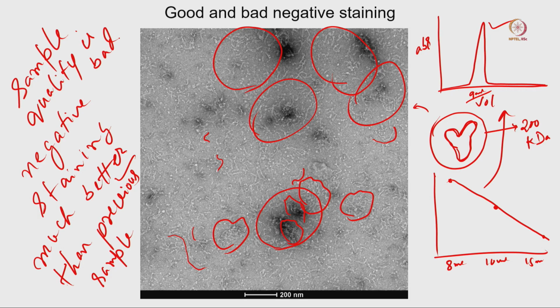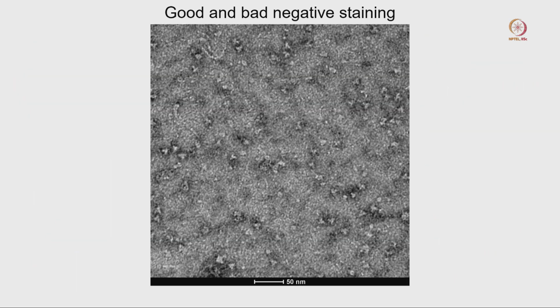I say the sample quality is bad because, from my previous experience, I already imaged this sample previously and I am expecting this kind of trimeric shape, but I cannot see it here. That is the reason I consider this sample not good for any other study. So definitely we have to go back to the protein purification stage and perform the purification again. What about the next sample?